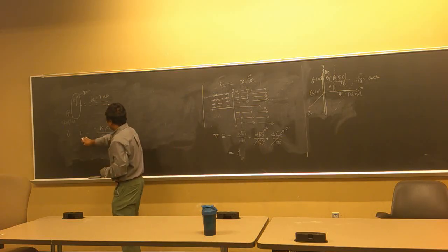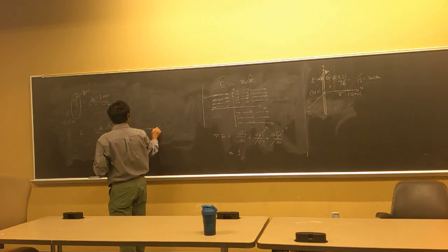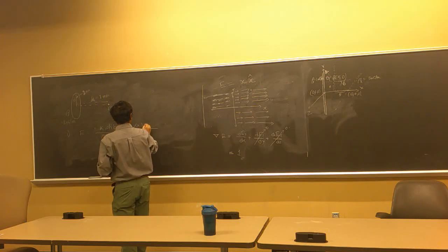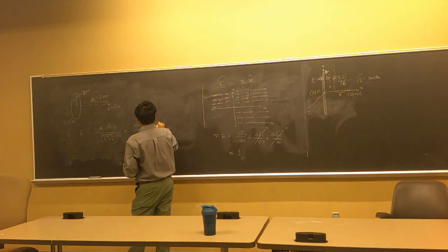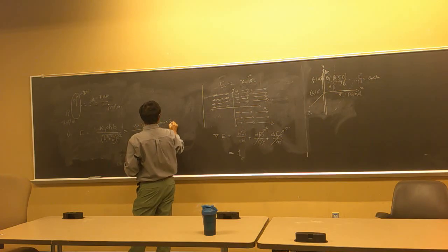So we can find the corresponding electric field by plugging in all these values. So K multiplied by rho, which is 1 nanocoulomb per meter, multiplied by h, which is 1 millimeter, multiplied by the radius, which is 2 millimeters.